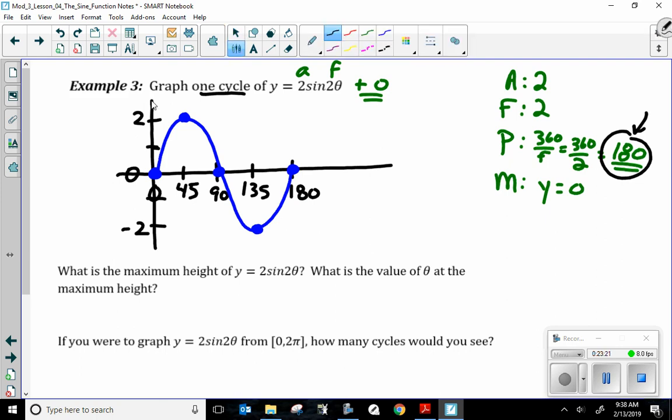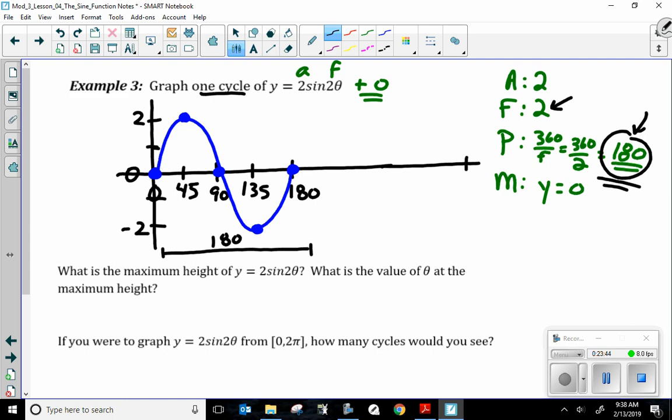But there's a reason, and I want to stress the frequency here. If I were to go out another 180 degrees, from here to here, that's 180 degrees, right? That's the length of one cycle. If I graphed 2 cycles, the frequency is 2. So in 360 degrees, I should see 2. That's what my frequency means.